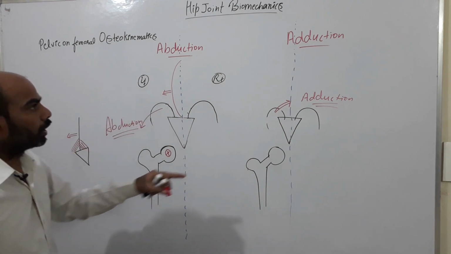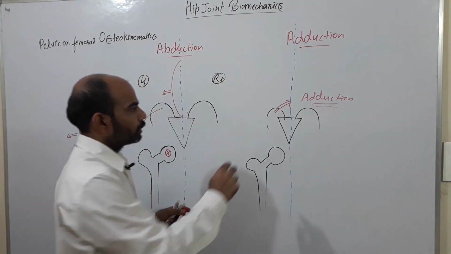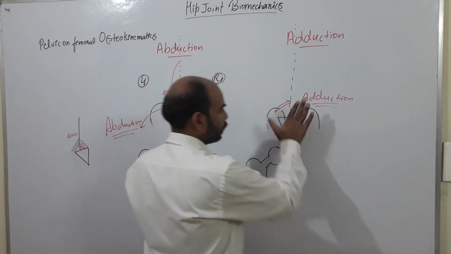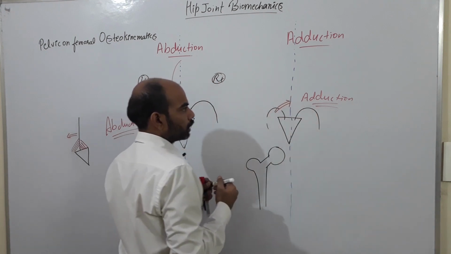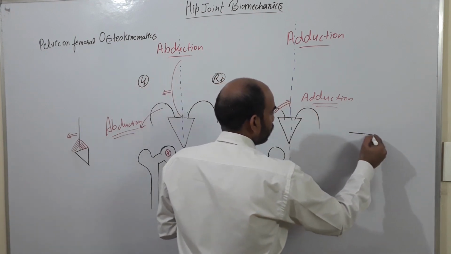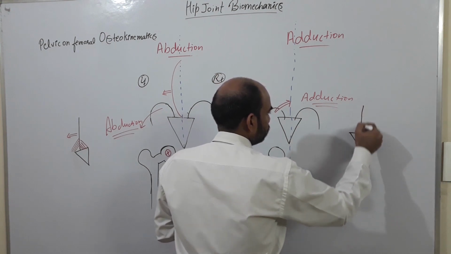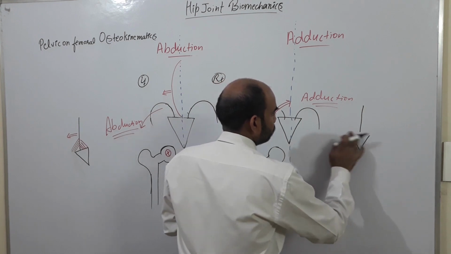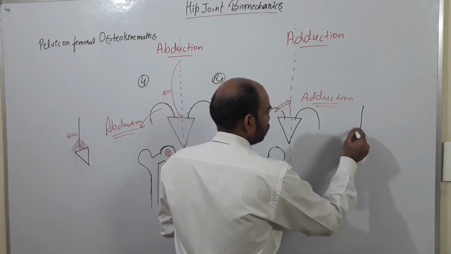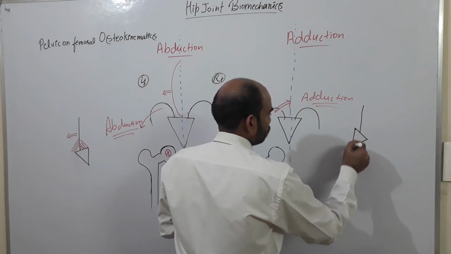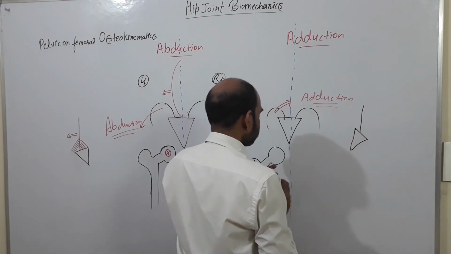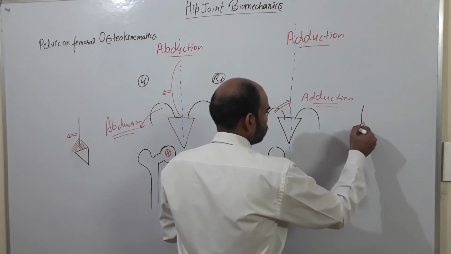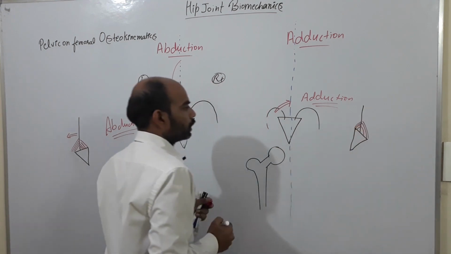In case of adduction, when pelvis moves close to midline, sacrum tilts like this, so structure on the right side is lengthened. This is neutral position. If sacrum tilts this way, structure towards the right side is lengthened and structure on the left side is shortened.